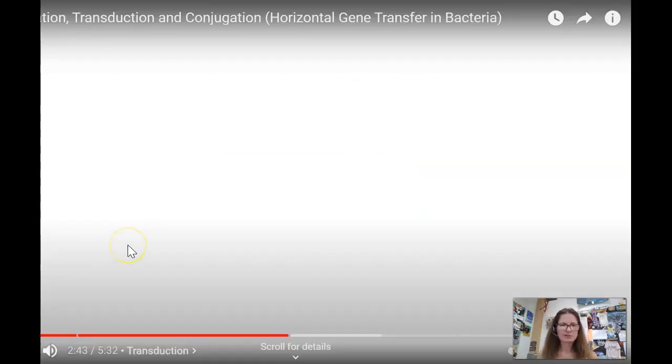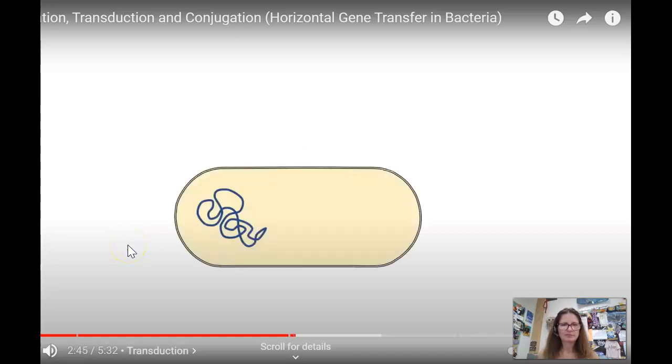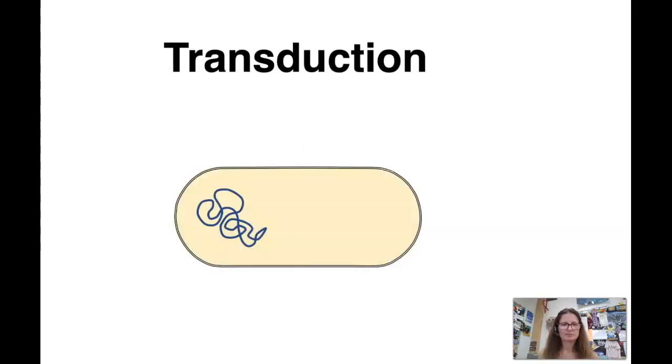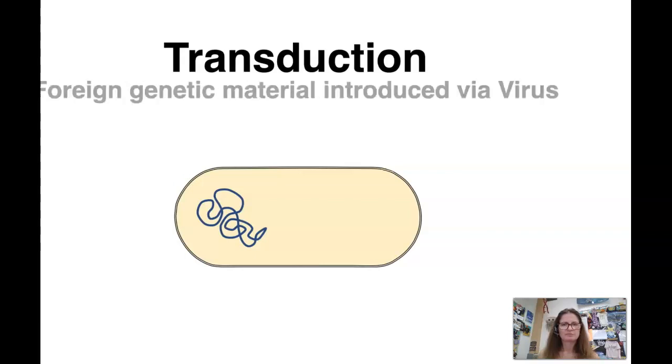Okay, so next one is going to be transduction. Another form of horizontal gene transfer is called transduction. We speak about transduction when the transmission of genetic material between cells is carried out by viruses. In nature, this happens when a bacteriophage infects a bacterial cell.